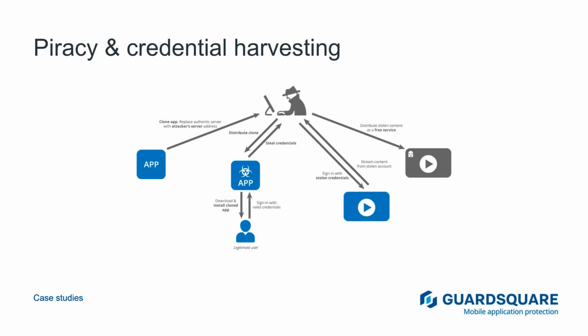Of course, you will need to distribute a clone for that. And if the legitimate user is tricked into believing that that is the real app, then he might actually enter his credentials in there. The attacker gains access to these credentials and can then use that service for free, or even worse, distribute them to other people in order to be able to make free use of your service.